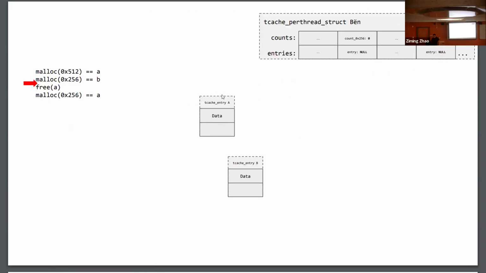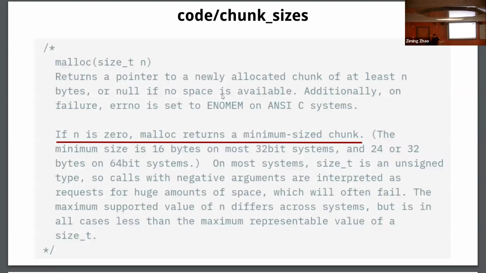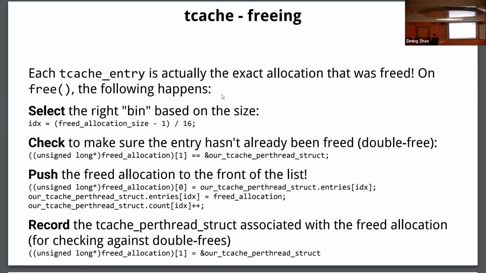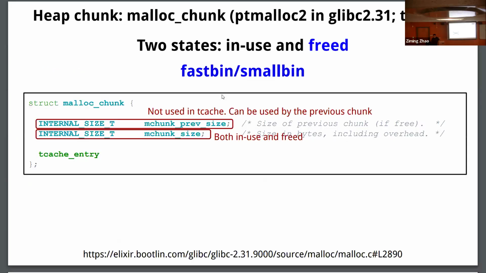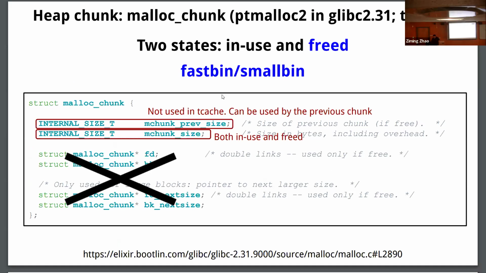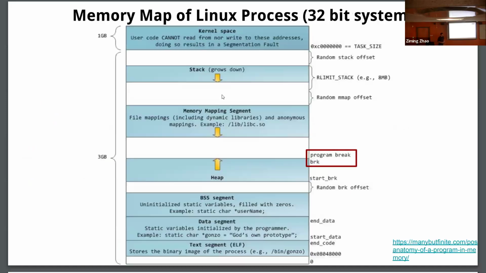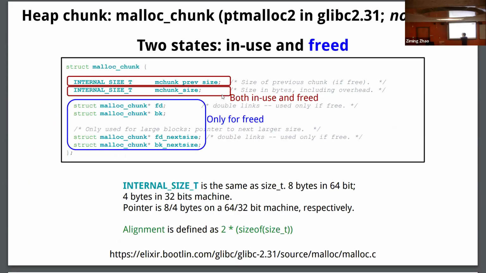It is a doubly linked list. We have a forward link to point to the next malloc chunk, and a backward pointer to point to the previous malloc chunk. Okay, so this is doubly linked.